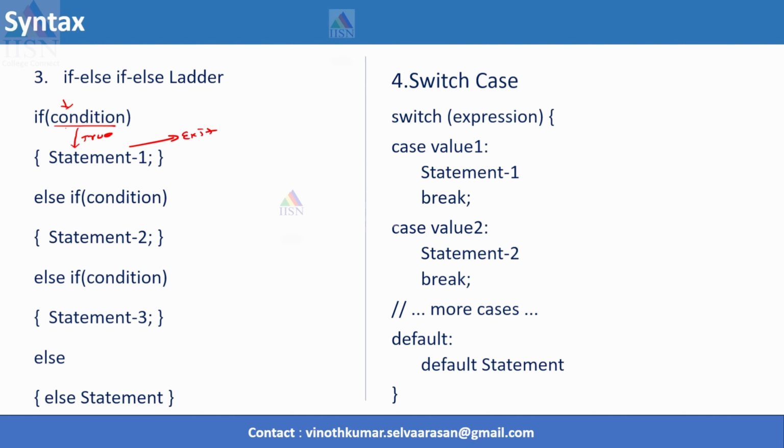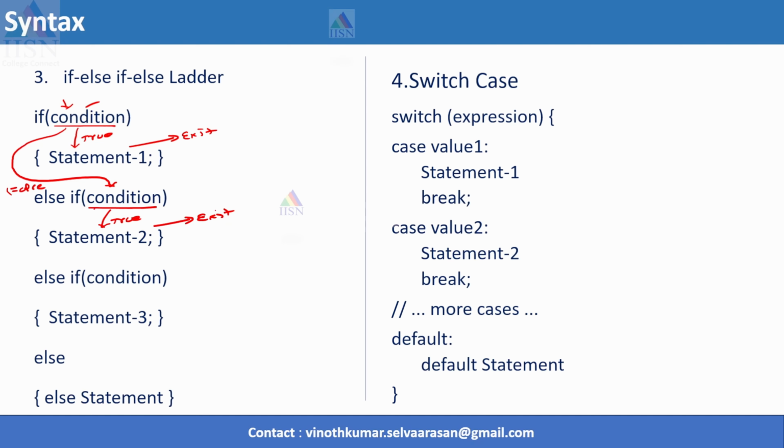Or else, if the given condition is false, it checks the next condition. Now it checks this condition. If this condition is true, it executes this statement and then exits.